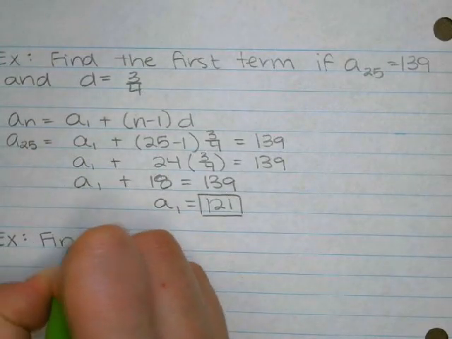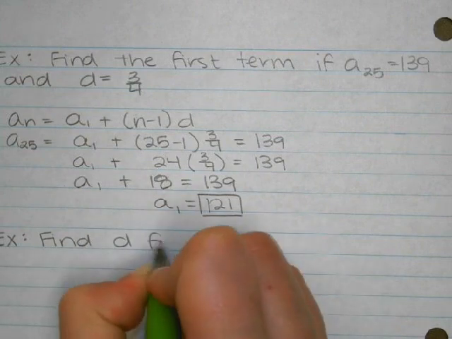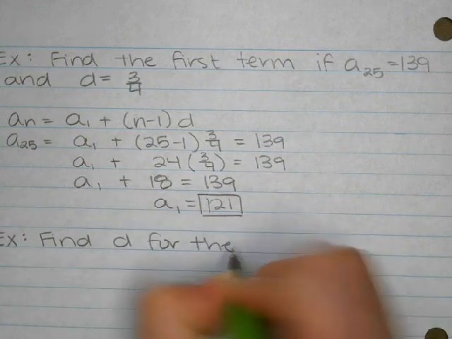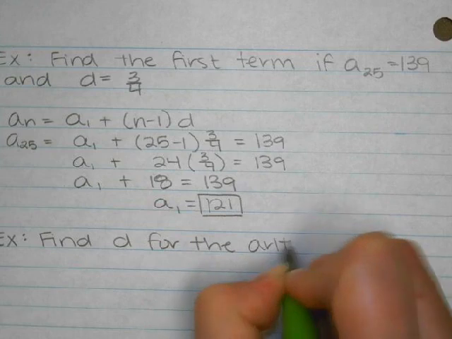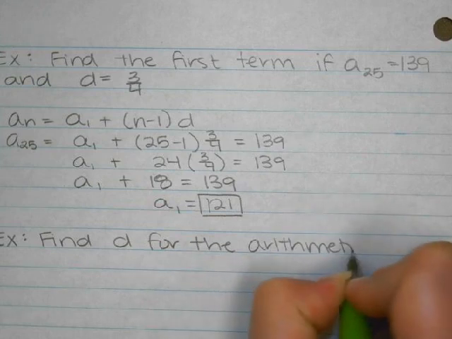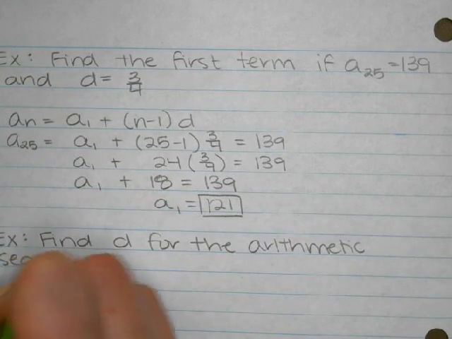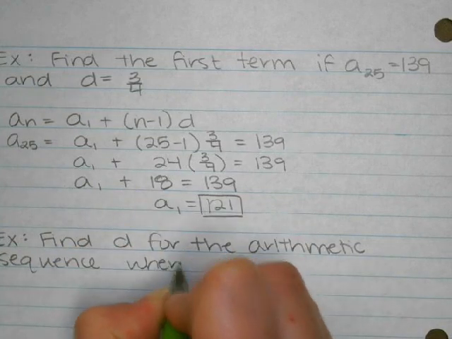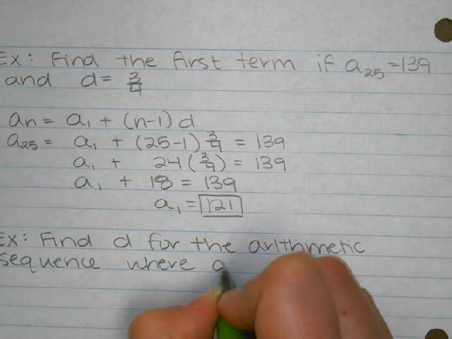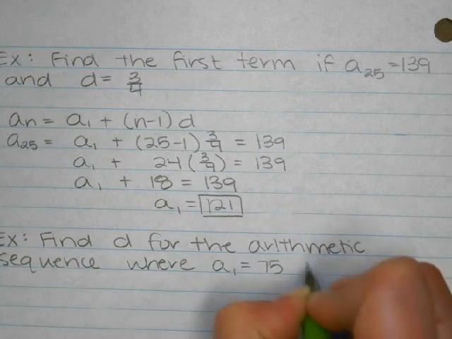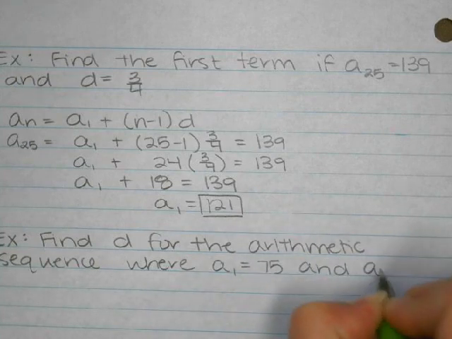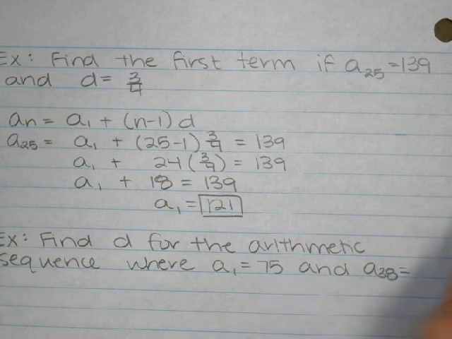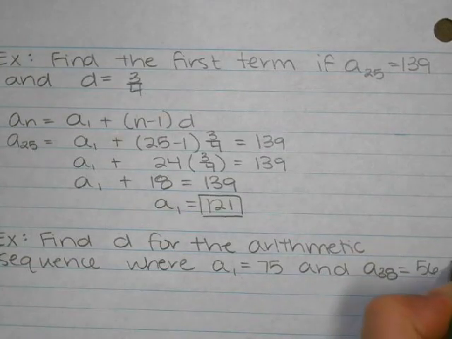find d for the arithmetic sequence where A1 is 75 and A38 is 56.5.